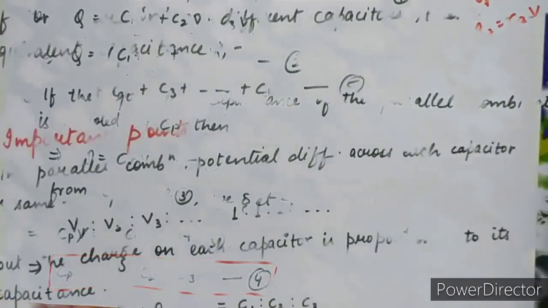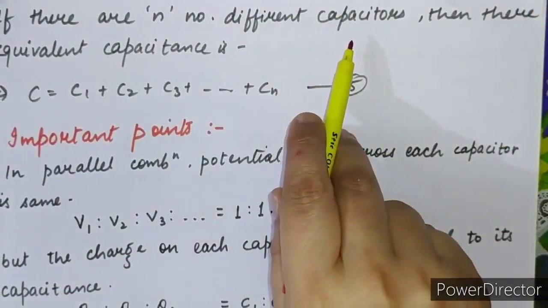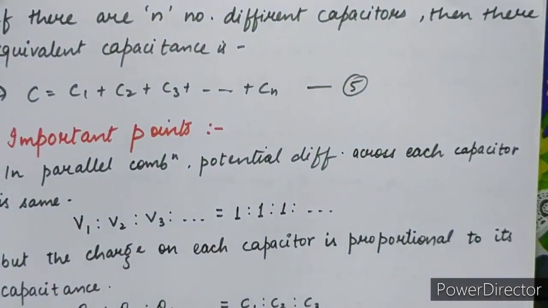If there are n number of different capacitors, in the derivation we have done, we have just connected three different capacitors. Now imagine that n different capacitors are connected in a parallel combination.